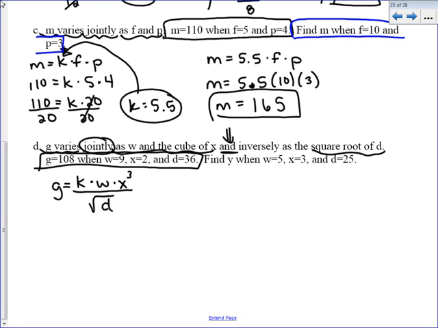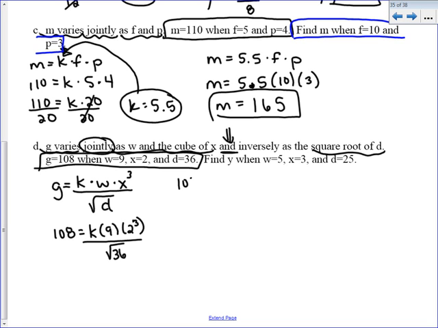Let's put all of our numbers in. So 108 is equal to K, we never know at this point, times 9 times 2 to the third over the square root of 36. So let's go through and clean this up a little bit before we try to get the K by itself.